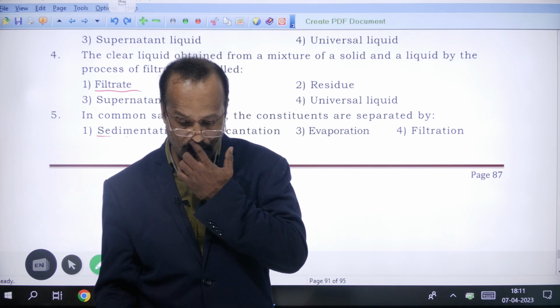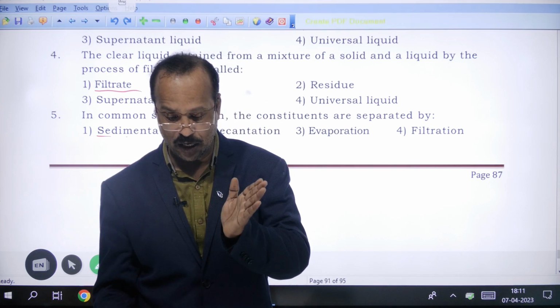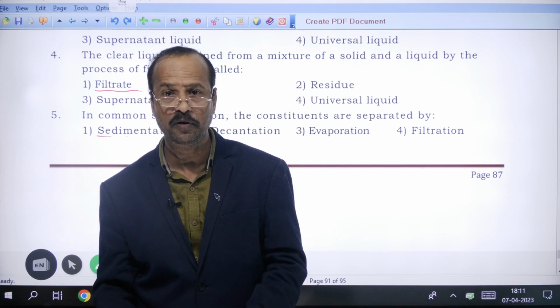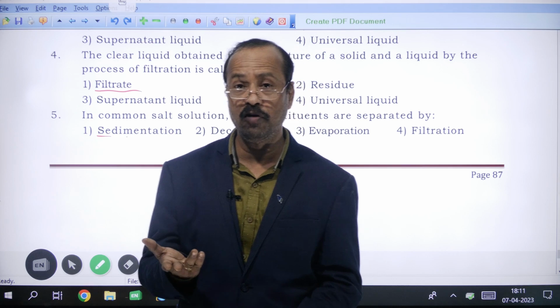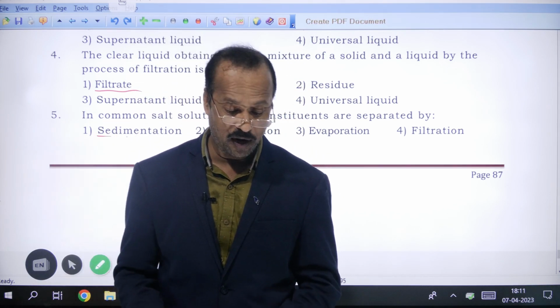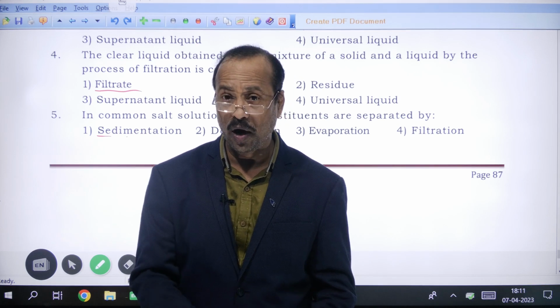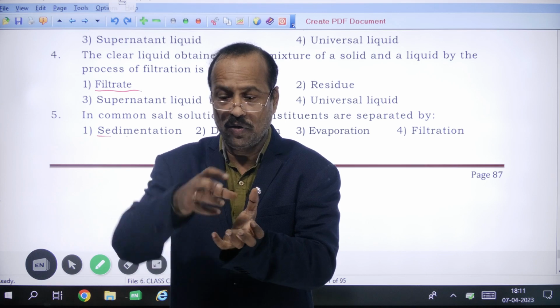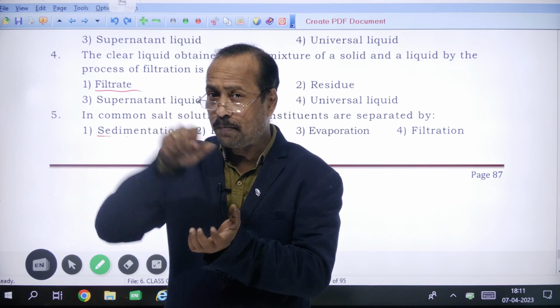Now, the sixth question. The process of changing a liquid into gaseous state below its boiling point is called what? Evaporation. At the boiling point it is called vaporization. See here, as I explained, if you boil water at 100 degrees Celsius on a stove, then water boils. That is called vaporization.